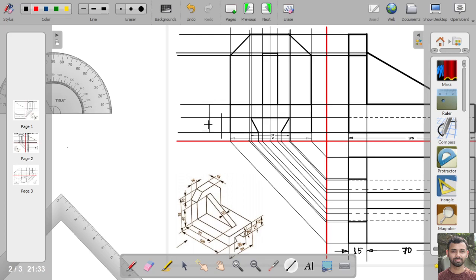Next, this one is from this point to this point, it is 40. The dimension is 16, and this total dimension is 75.